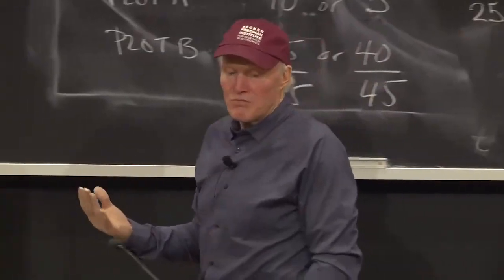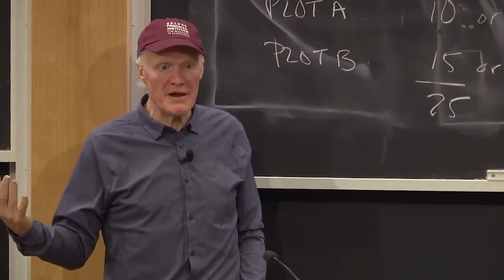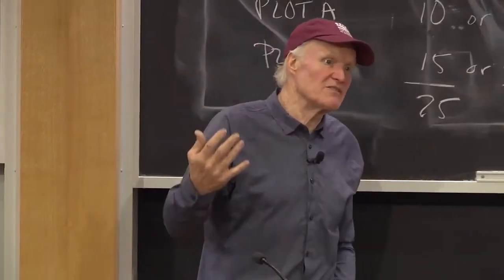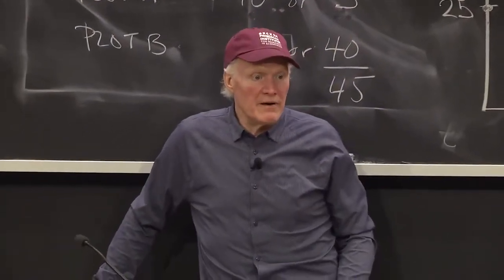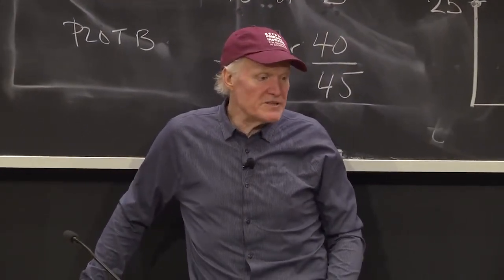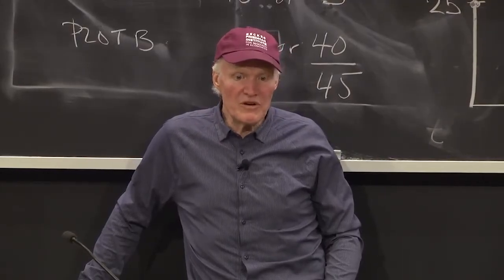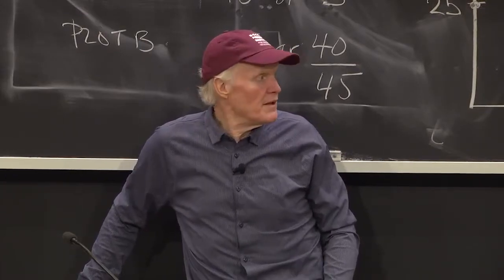Like the low-cost producer of sheep is not the land that can produce the most sheep per acre. It's the land that can't be used for much of anything else that is the low-cost producer of sheep, okay? Right? So comparative advantage is a key concept. And the notion of cost, remember, is what you give up to get something.